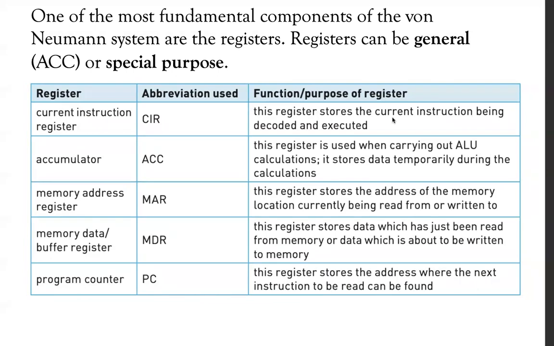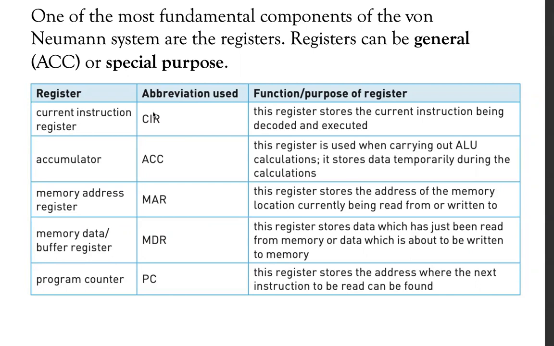Apart from the accumulator register, the current instruction register, memory address register, memory data register, and the program counter are known as specific purpose registers. By special purpose register, we mean that the contents of these registers are of a certain type and they always have a certain meaning.